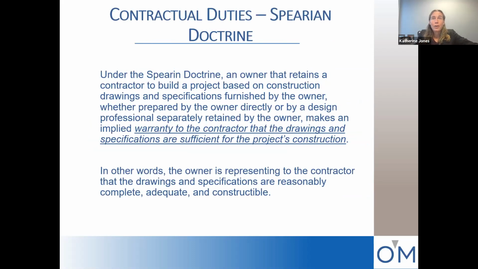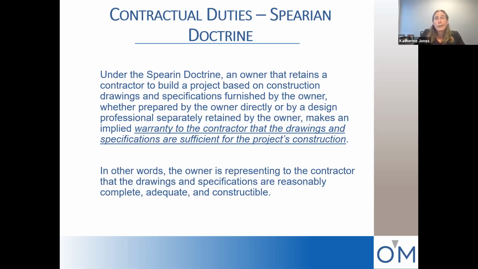A small aside before I get into a little bit more about the contract standard of care is that if you recall, the previous slide essentially said that the engineer makes no warranties express or implied under the agreement. With that said, there is a doctrine called the Spearin Doctrine, and some of you might have heard of it.